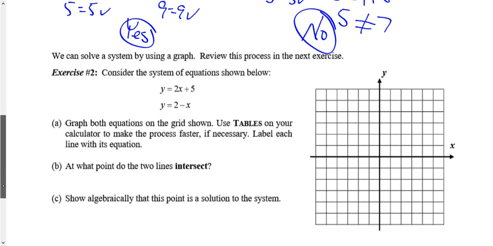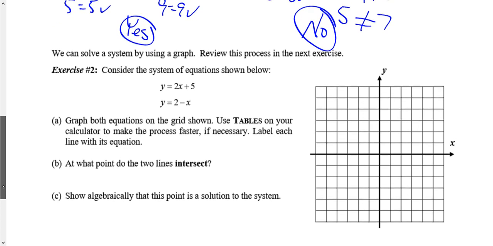Okay. So we can also solve systems by graphing them, can't we? We'll get to the calculator stuff soon enough. But when we graph two equations, where do we find their solution?